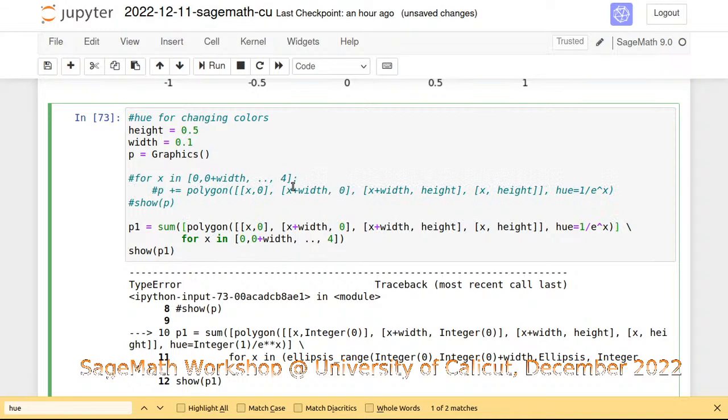Sum polygon, that polygon is correct. x0, x plus width, x plus height, etc. For x in 0, 0 plus width.